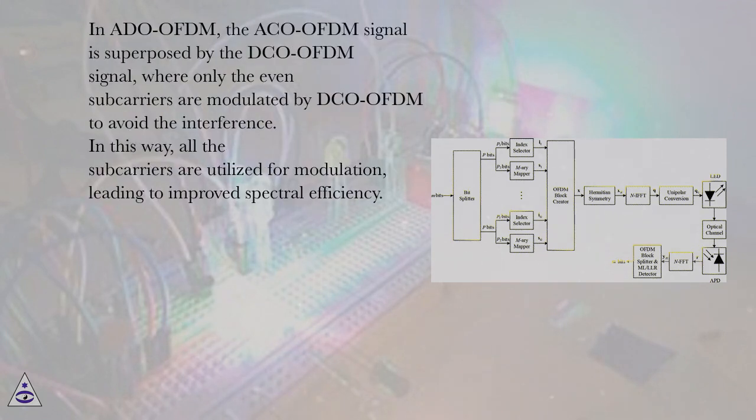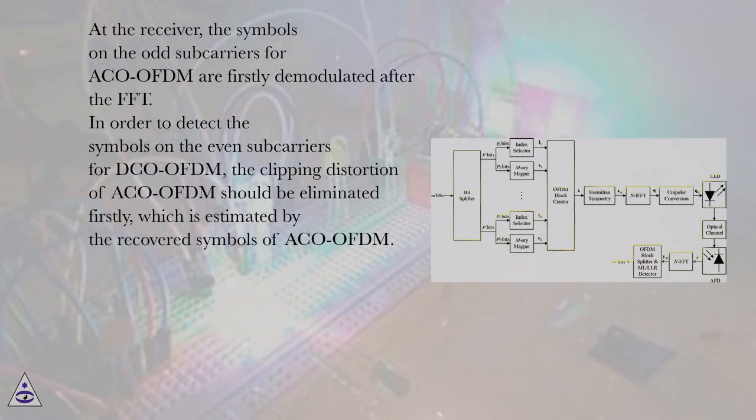In ADO-OFDM, the ACO-OFDM signal is superposed with the DCO-OFDM signal, where only the even subcarriers are modulated by DCO-OFDM to avoid the interference. In this way, all the subcarriers are utilized for modulation, leading to improved spectral efficiency. At the receiver, the symbols on the odd subcarriers for ACO-OFDM are first demodulated after the FFT.